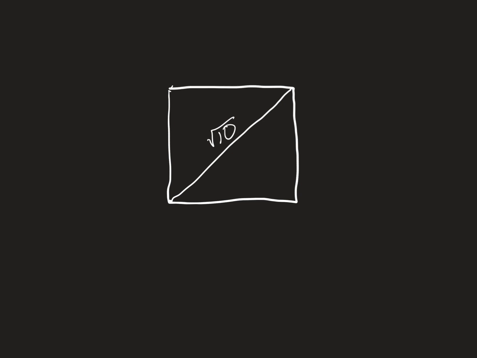So how would you do a problem like that? Well, because it's a square and you have a diagonal, this is a 45, 45, 90 triangle. And I know that the hypotenuse is the square root of 2 times the leg. So that means I need to divide this hypotenuse by the square root of 2.